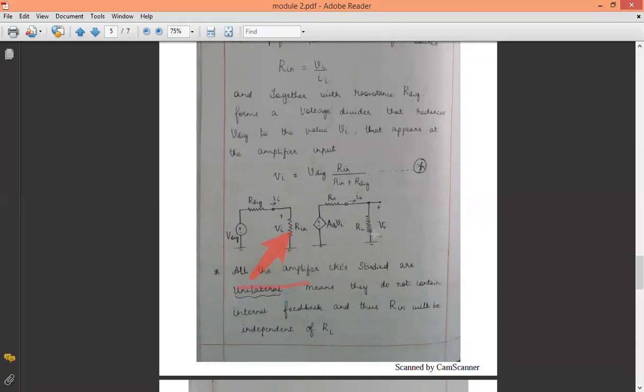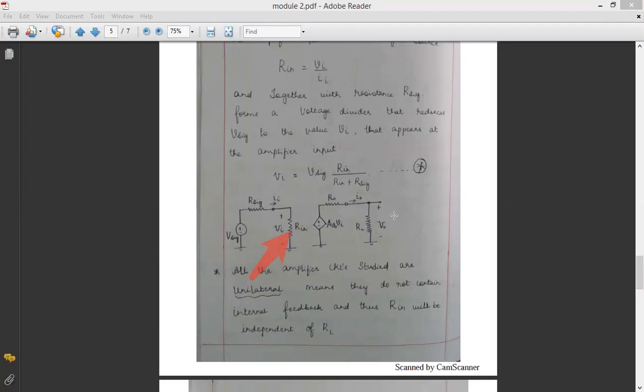There is no feedback from output to input. There is no feedback from RL to Rin. So your Rin is not dependent on RL. That is why we call it a unilateral amplifier. Understood? Unilateral means there is no feedback from output to input. Your Rin is not dependent on the output. Therefore, it is a unilateral amplifier.